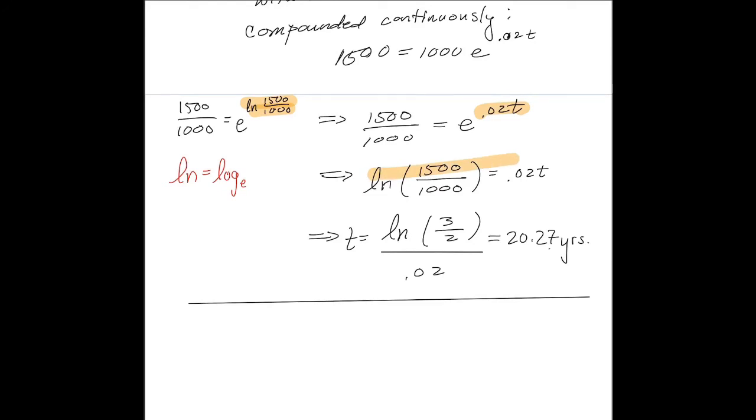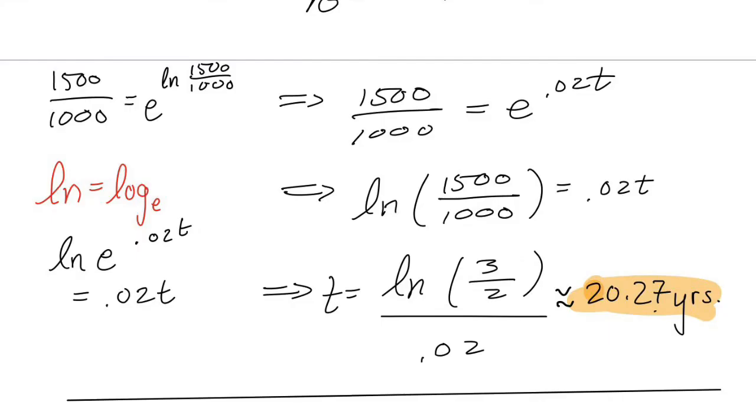And that gives you this expression here. Alternatively, you can think of applying the logarithm to both sides, and note that natural log of e to the 0.02t is the same as 0.02t. Then divide both sides by 0.02 and you have your answer. This is exact. You put that in your calculator and you will get the approximation.